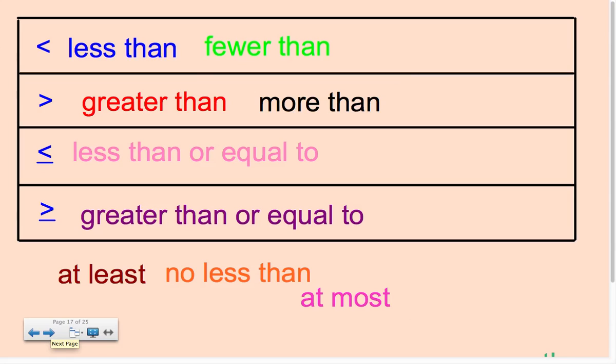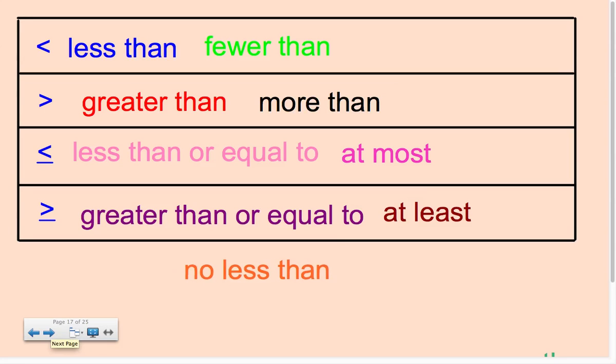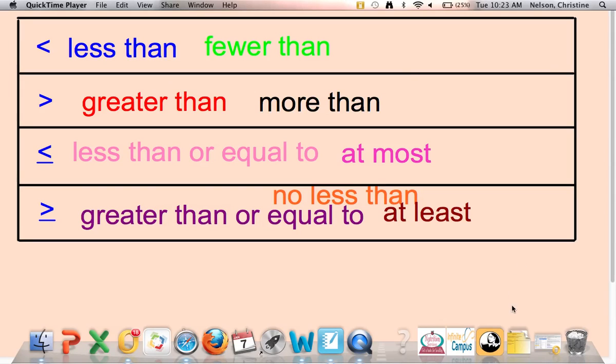Okay, at least. If I have at least 5 apples, that means I have 5 or more apples. So that one's greater than or equal to. If I have at most 5 apples, that means I have 5 or fewer apples. So that one is less than or equal to. If I have no less than 5 apples, that means I have more or equal to 5 apples.